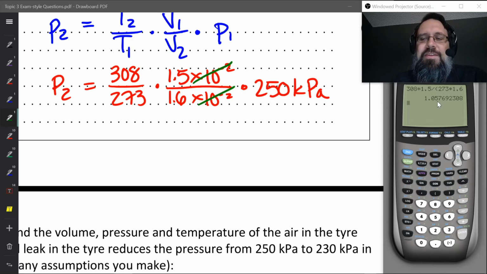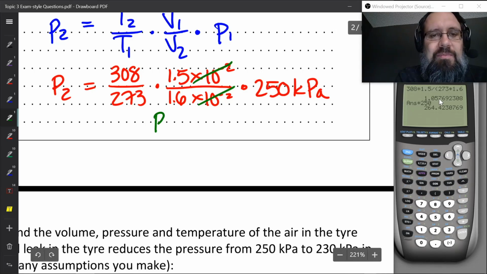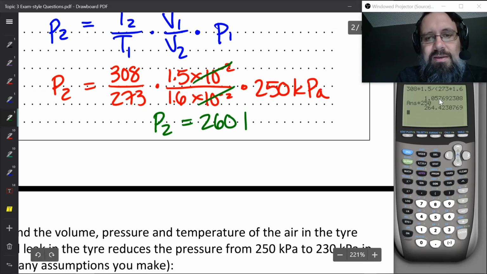This is the coefficient, so it's going to be this many times larger than 250. So times 250. So the pressure will increase, was that about 5%? So the pressure will increase by about 5%. So we get that P2 is equal to 260 kilopascals.